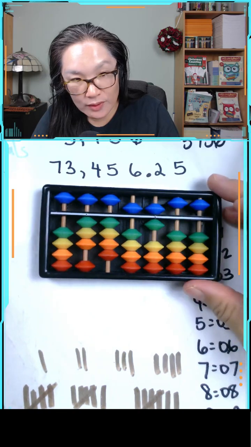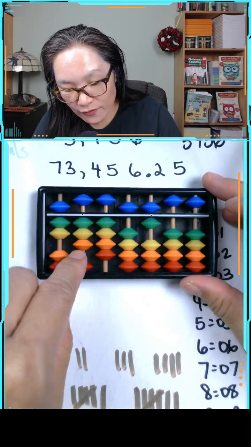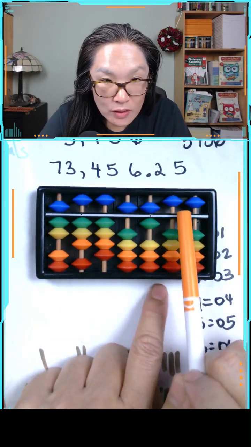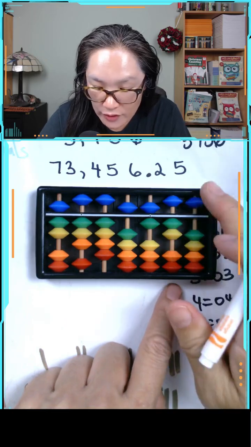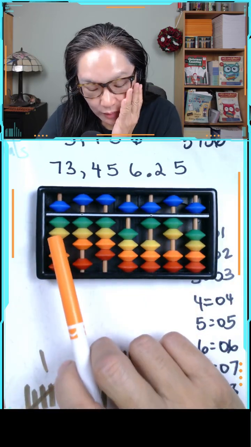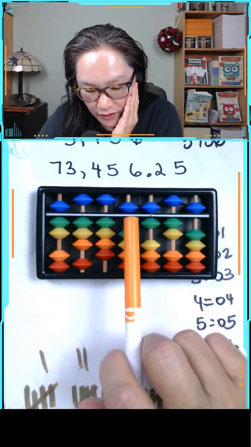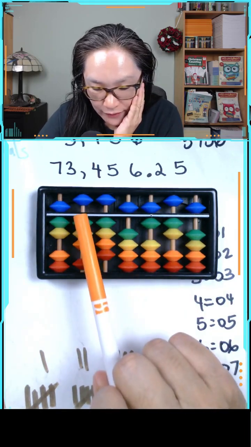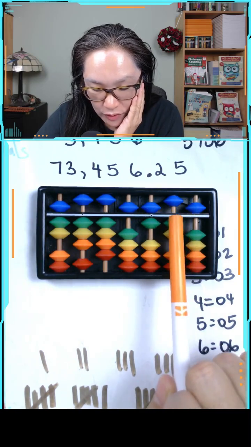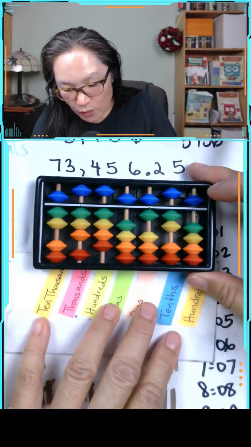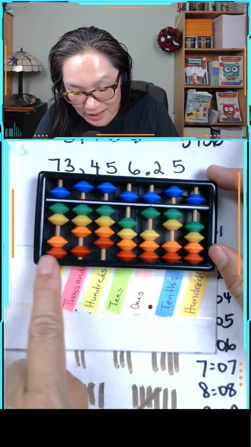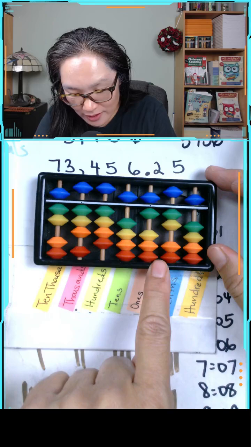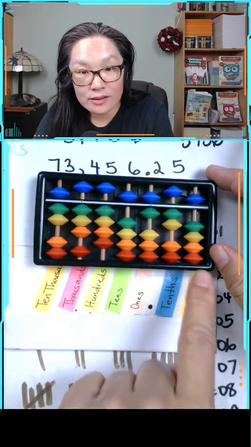And then we could do 73,456, point, now we can do decimals. Point, 1, 2, and a 5. So this would be 73,456.25. That's what the marking is on the left, and that's why we have the two columns over here. So we have our ten thousands, thousands, hundreds, tens, ones, point, tenths, and hundredths.